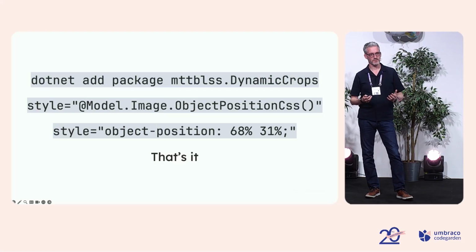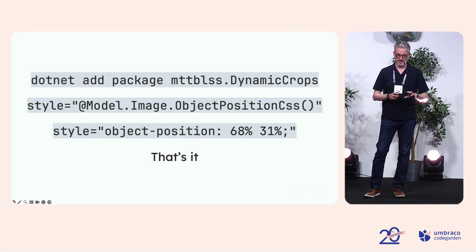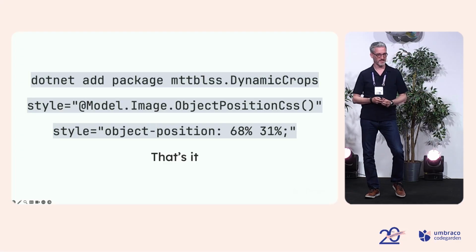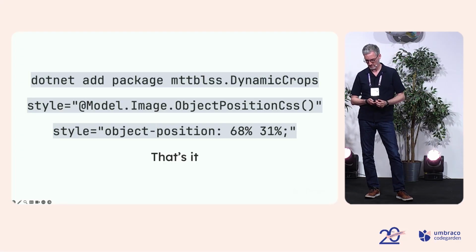So this is something that we could very easily retrofit to all of those sites that have got a center crop. We can just add that in, use the package, use the helper method, and all of a sudden things will work.